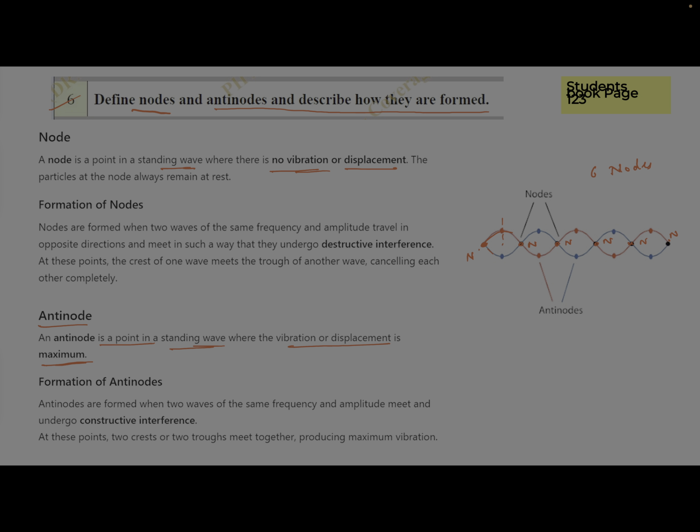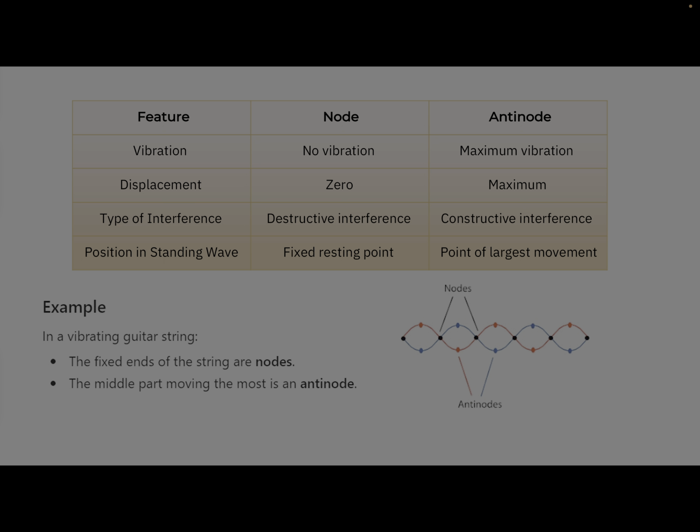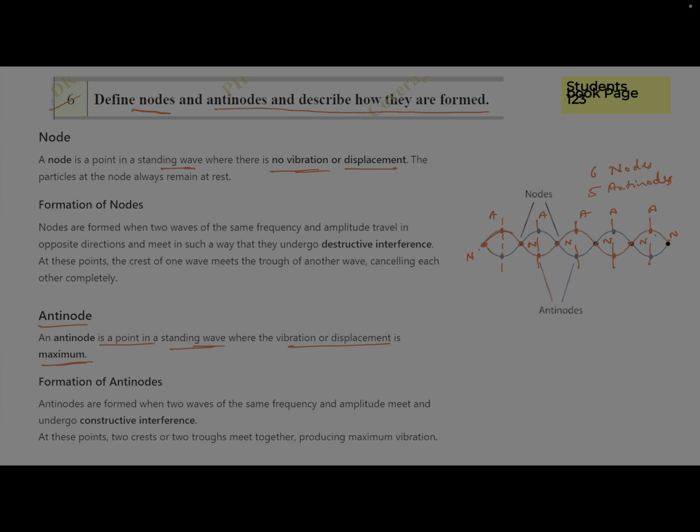Antinodes are the maximum ones, this one. This is the maximum one, correct? So these are antinodes. When you count, you will get 1, 2, 3, 4, 5 antinodes, correct? Generally a node is a destructive point where you are not getting anything.